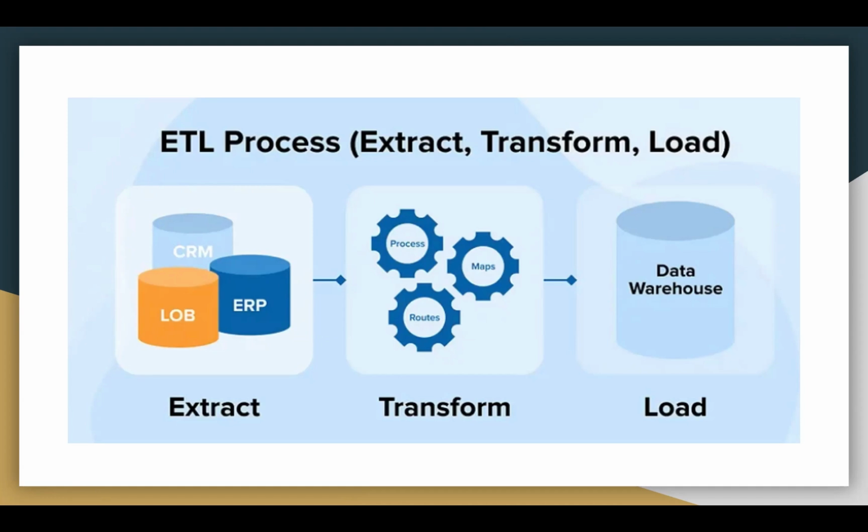The first step, extract, is about gathering raw data from various sources. Organizations often deal with data in diverse formats, such as relational databases like MySQL or Oracle, where structured data resides. Flat files, such as CSVs, store semi-structured data.